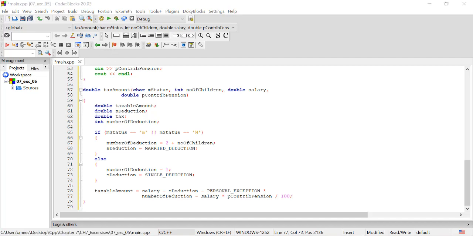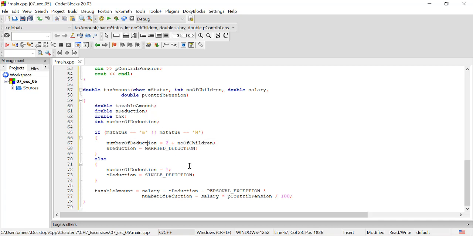So now I'm going to take a step back and explain this one more time. Here we calculate the deduction from the marriage, right? Hopefully you understand what I mean.